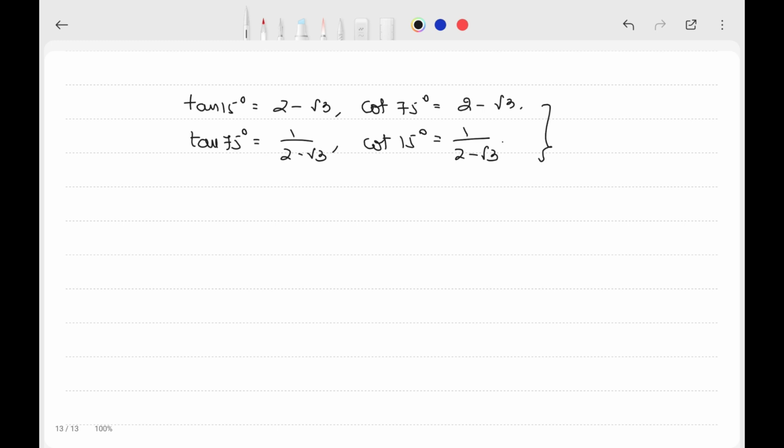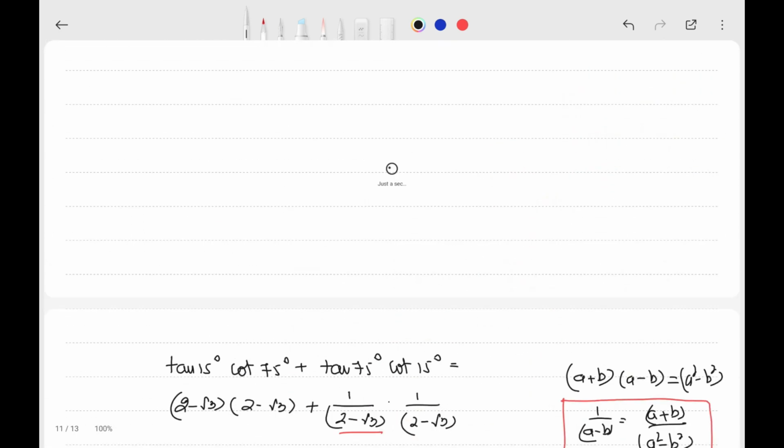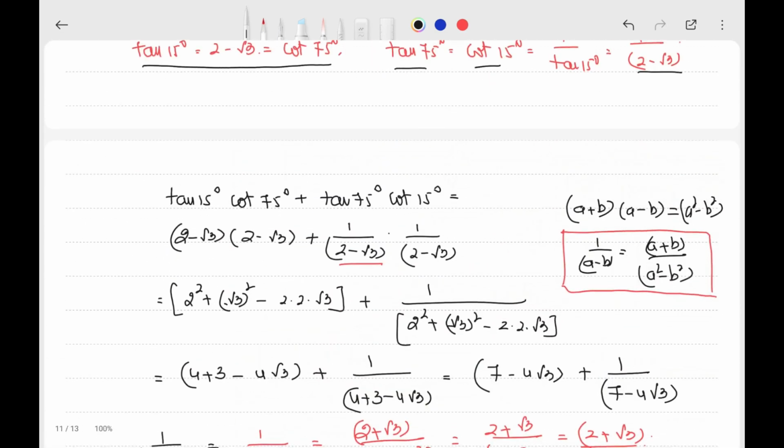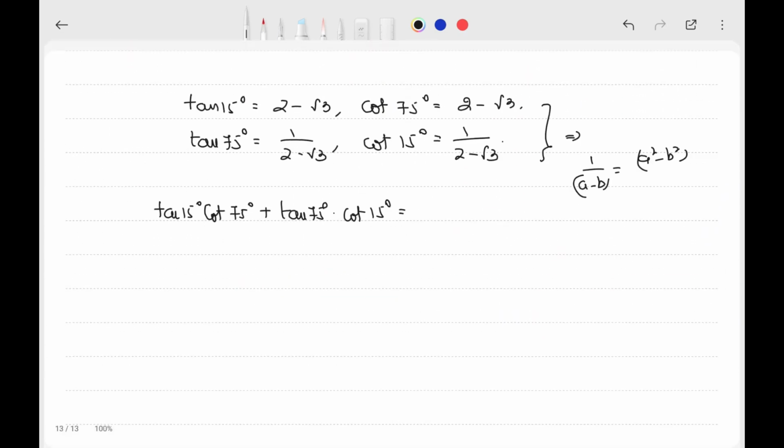From these 4 values which we have got, tan 15 into cot 75 plus tan 75 into cot 15, that is equal to, what is the value of 1 by 2 minus root 3? 1 by a minus b is equal to a plus b by a square minus b square.